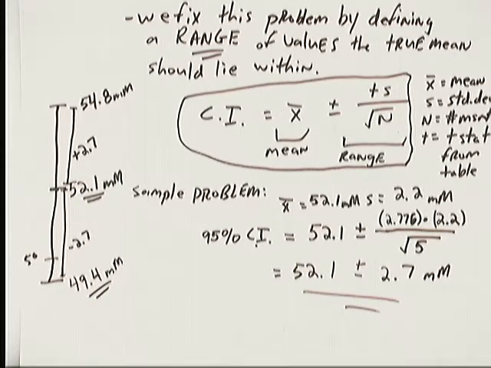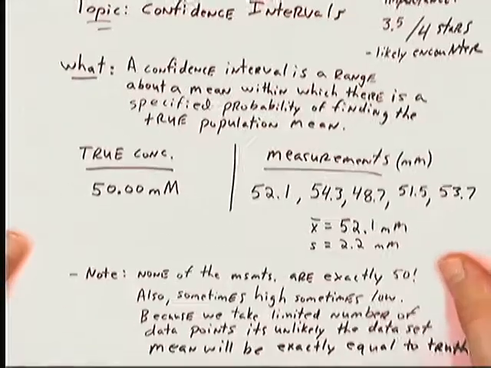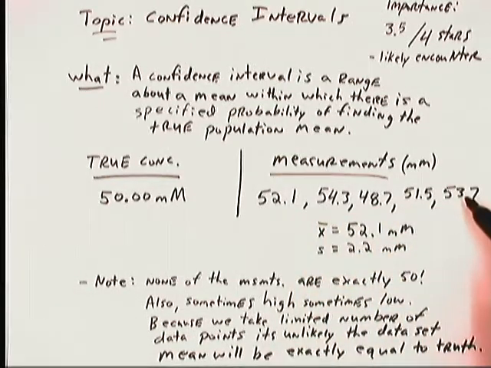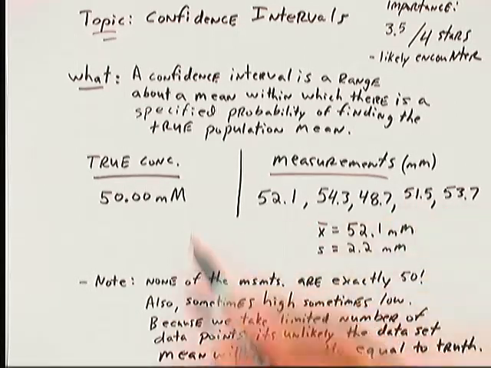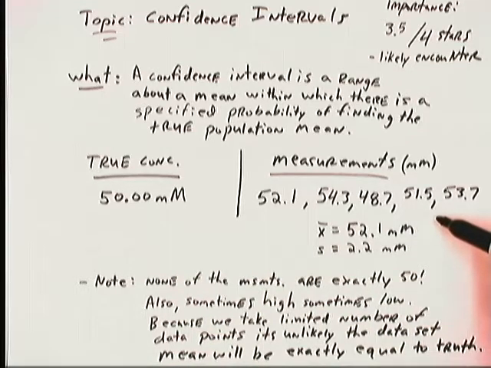So functionally, even though we never got 50 here, our analysis was essentially correct, because the true value lay within our 95% confidence range.